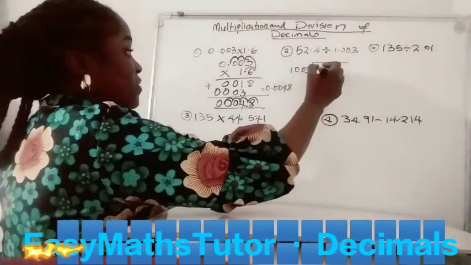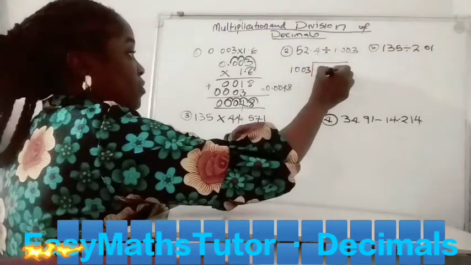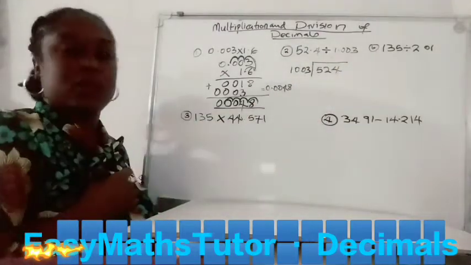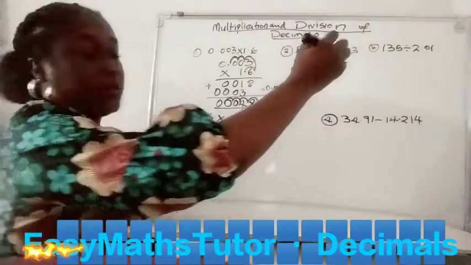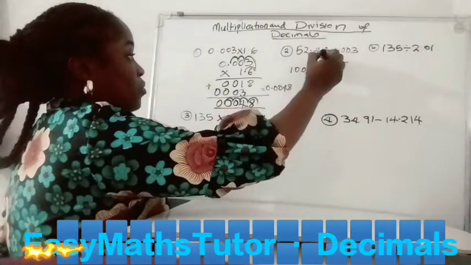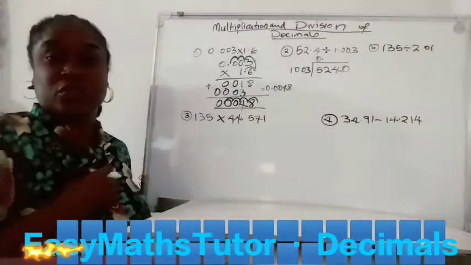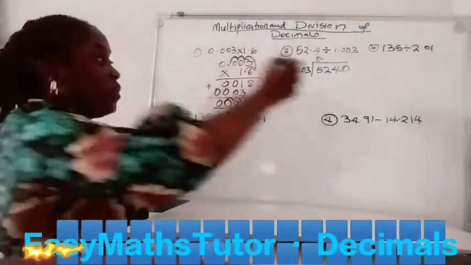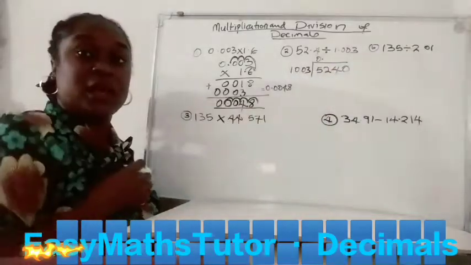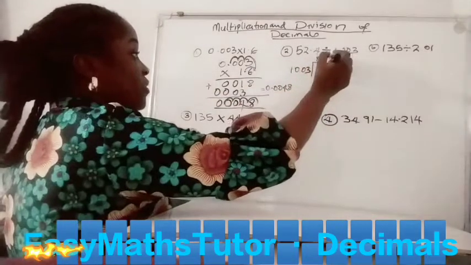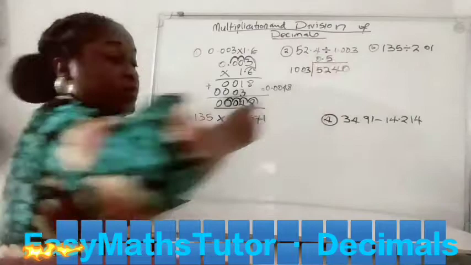And then we'll write this other side 524. Okay? So now I'll start like this. I'll say 0 point, and I put a 0 there. So 5,240 divided by 1003 would give us 5.